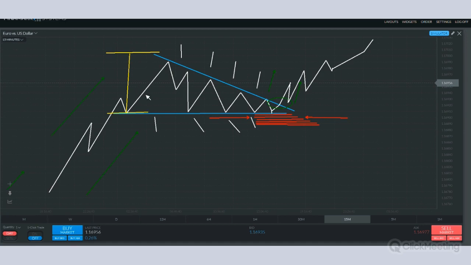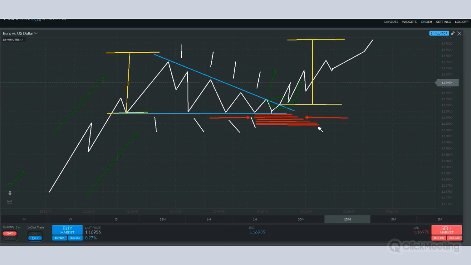Say we're on the euro dollar right now. Say that's 20 pips, just picking a number. Well, then our take profit goal, we're going to expect this market to break and travel upwards, perhaps right here.